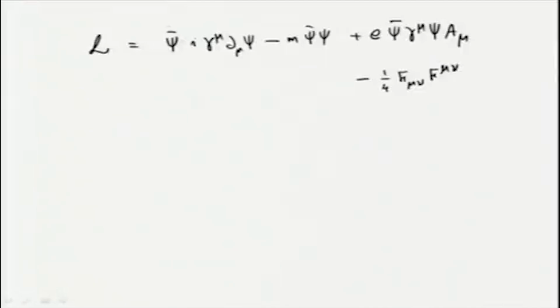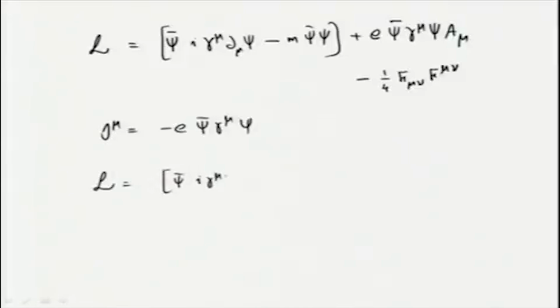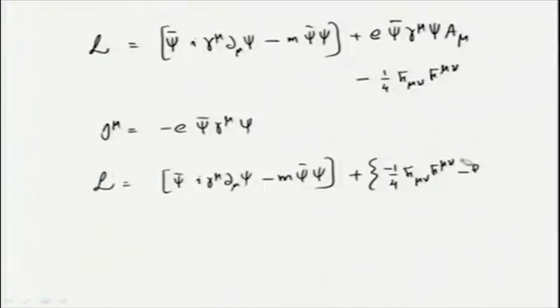Now, look at the last two terms. If I consider j mu to be minus e psi bar gamma mu psi, then L is psi bar i gamma mu dou mu psi minus m psi bar psi, the free part of the Dirac Lagrangian, plus I have one part minus 1 over 4 f mu nu minus j mu A mu.